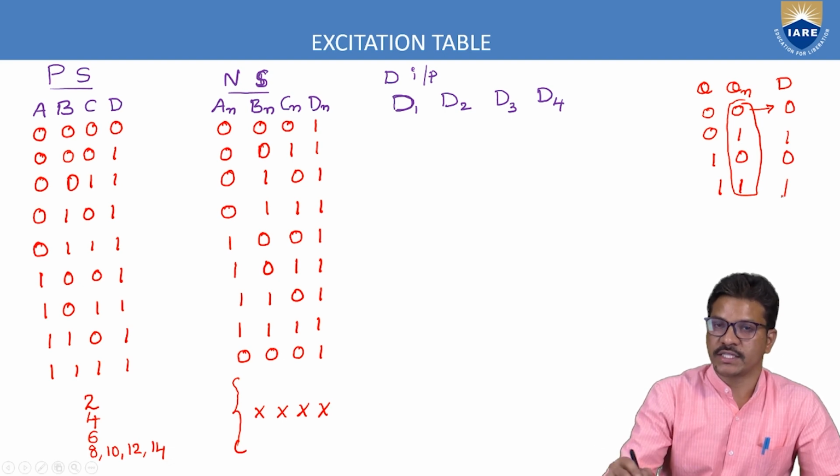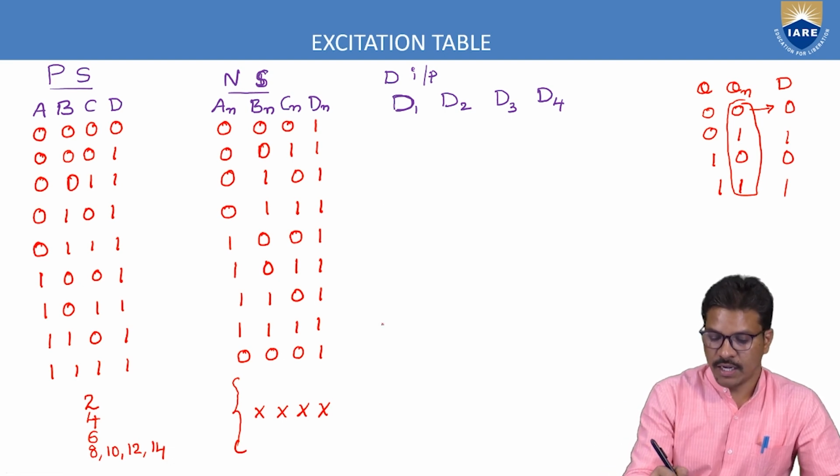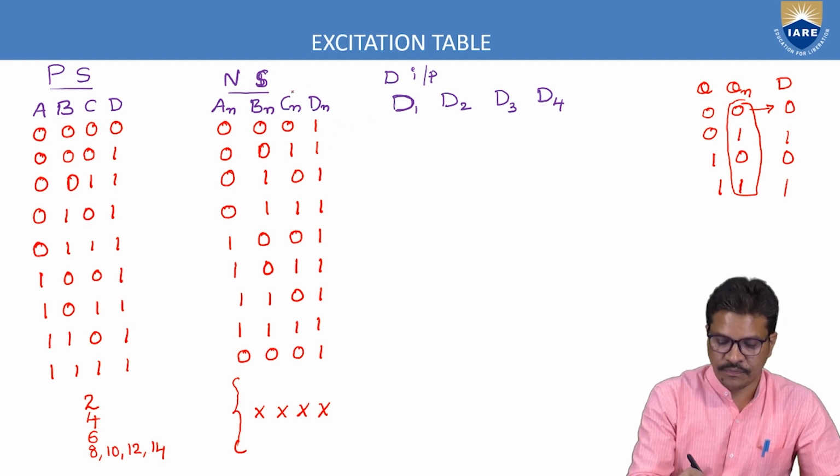Similarly, by following this table, we can create the D1 column, D2 column, D3, D4. We just copy this one in the D flip-flop based design. So this is 1, 0, 0, 0, 1.